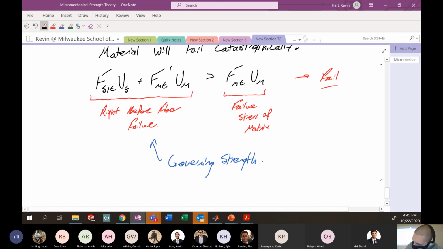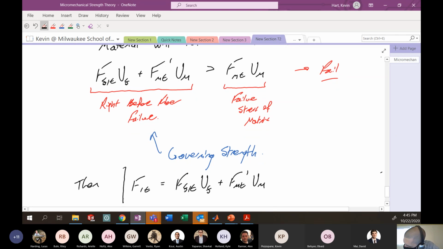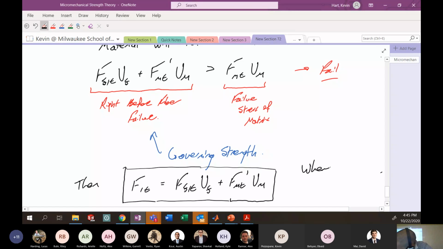So in that situation, the strength of the composite in the one direction in tension is just equal to the strength of the fiber in the one direction in tension multiplied by the volume fraction of the fibers plus FMT prime VM. Where this FMT prime is the modulus of the matrix multiplied by the strain to failure in the one direction of the fibers in tension. Complicated. Dang.